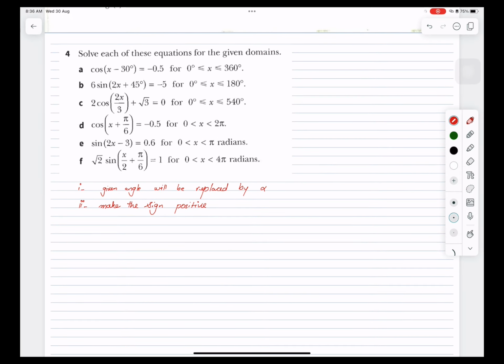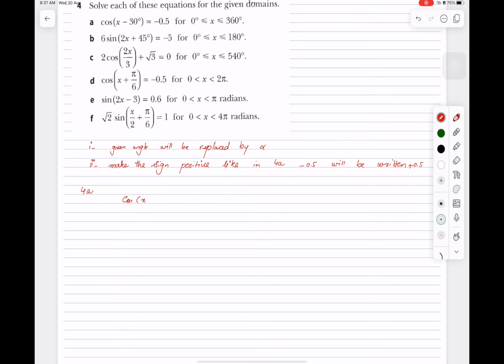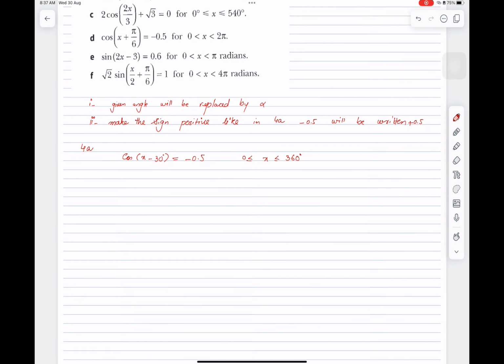Let's get started with the first part. This is cos(x minus 30 degrees) is equal to minus 0.5, and our domain is x varies from 0 to 360 degrees. As I told you earlier, first of all we have to replace x minus 30 by alpha, and we will write positive 0.5 on our right hand side.